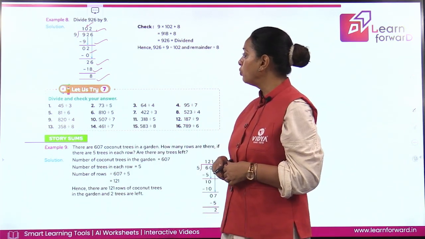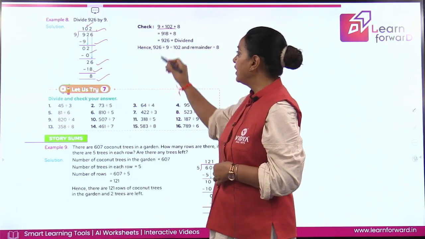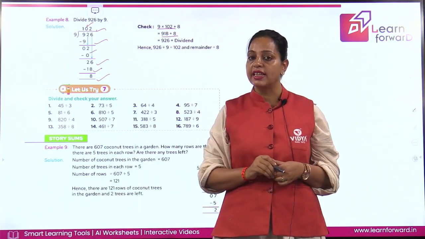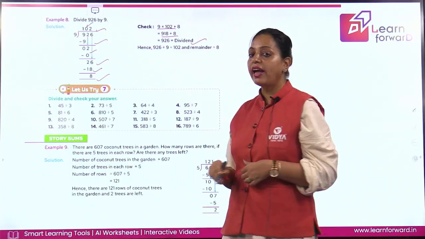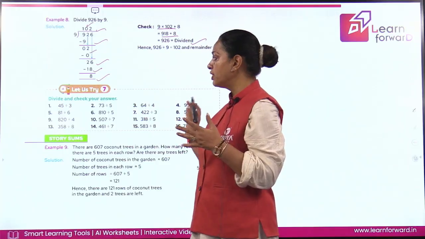Okay, so now we can check, 9 into 102 plus 8, that is 918 plus 8. So the answer is 926. So this is the dividend. Okay, I hope this is clear to you.